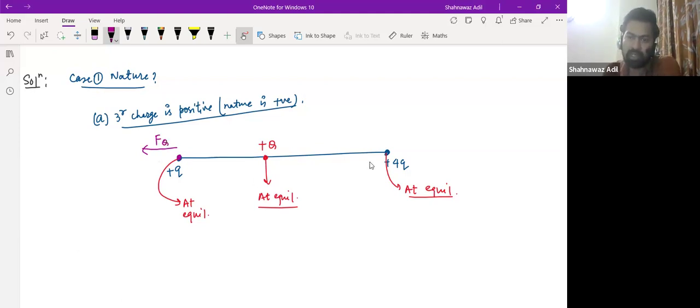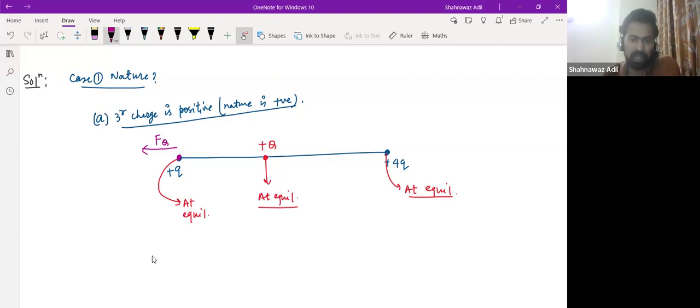What about due to this one? This is plus 4Q, and on this one, what kind of force would that be? This is plus Q, this is plus 4Q. Attractive or repulsive?